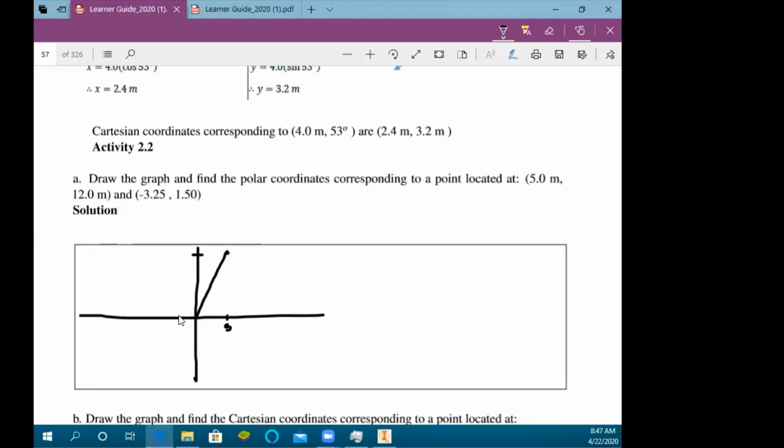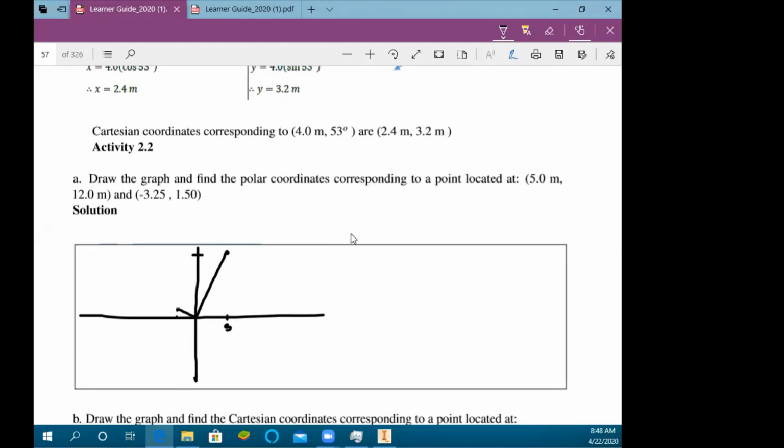Move minus 3.25 steps somewhere there. But minus 3.25 is less than 5, right? And then 1.5 is less than 3.25, which means it's somewhere here.